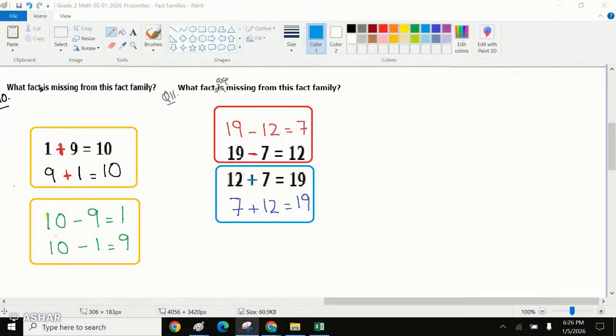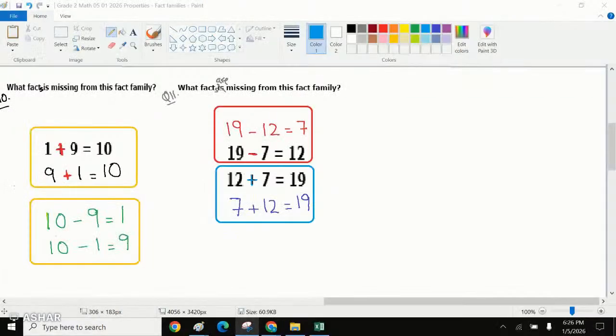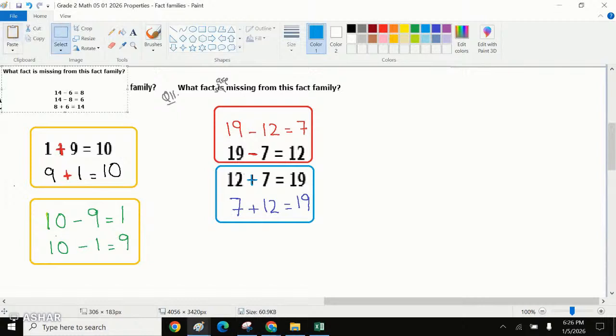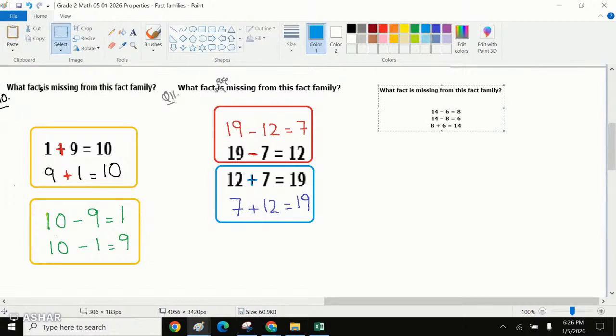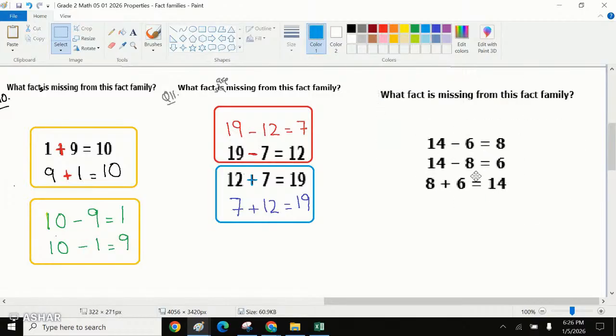The next question we have is, I'll keep it simple, but I want you to answer this, okay? I would not remove the third statement. So the question says 3 statements are given to us. We need to find the missing fact from the family. So what should be the answer for this?